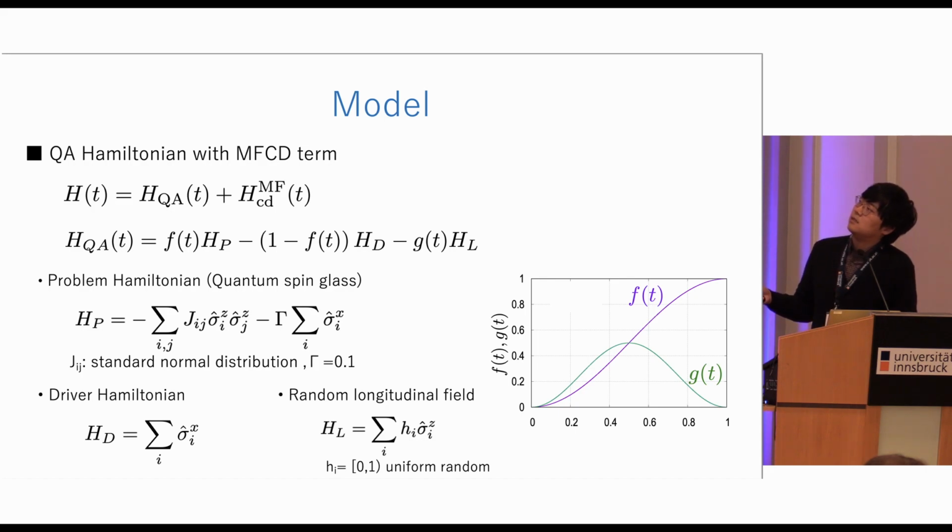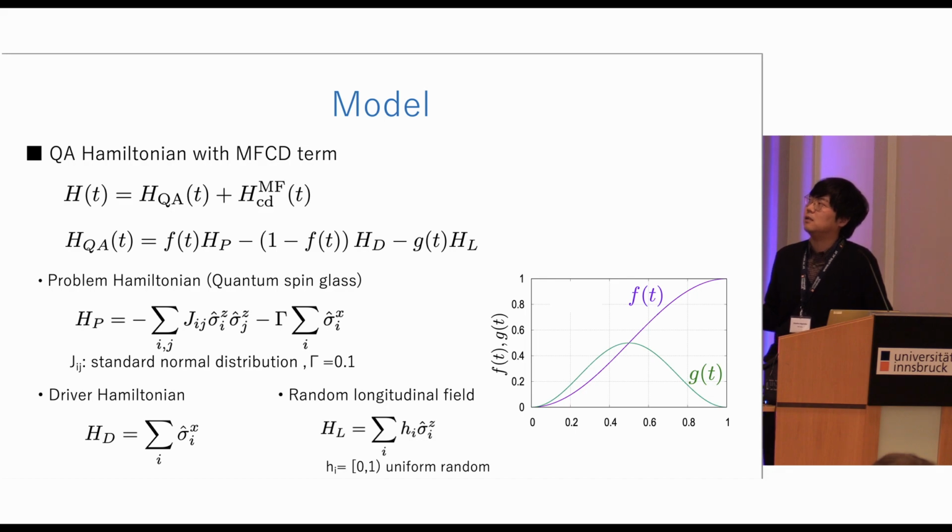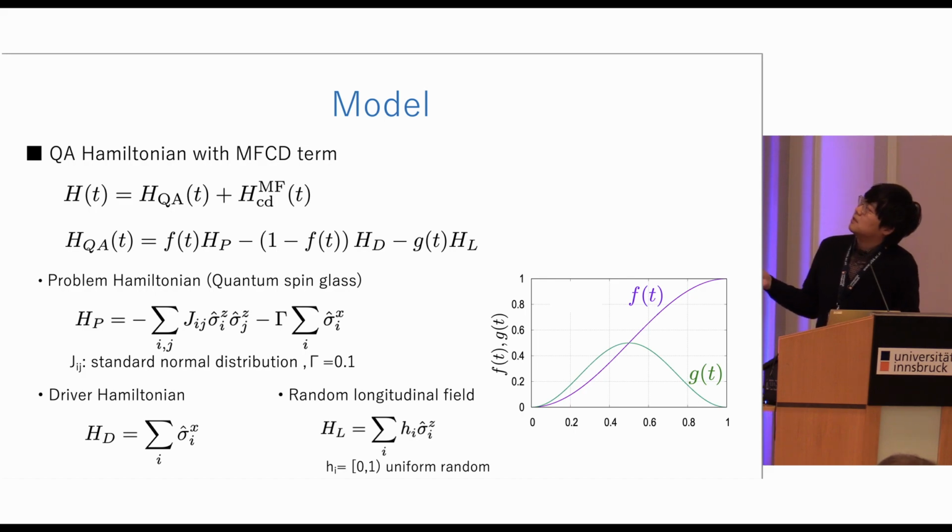Here, J_ij is generated from the standard normal distribution, and h_i is a random variable generated from the uniform random distribution. And the scheduling functions, f(t) and g(t), are defined by a function with such a time dependence.